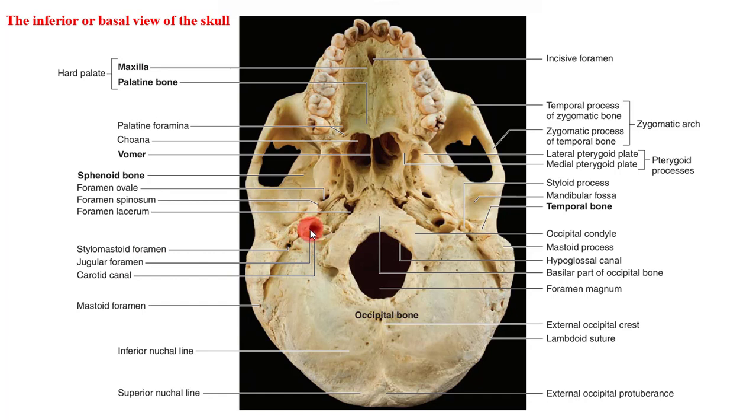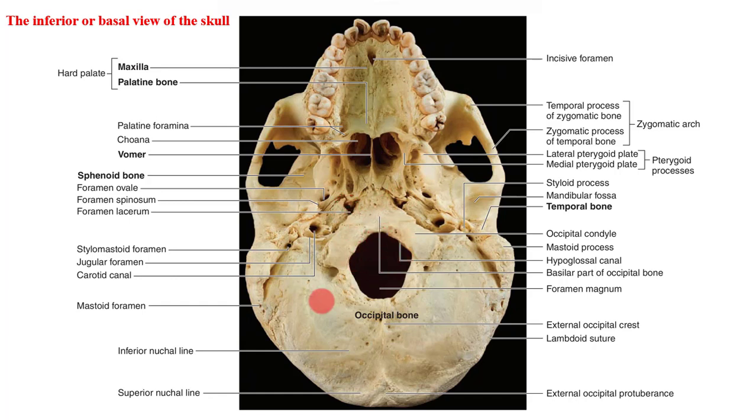The entrance to the carotid canal is anteromedial to the jugular foramen. The foramen lacerum, anteromedial to the carotid canal, extends between the occipital and temporal bones. This opening is covered by cartilage in a living individual.